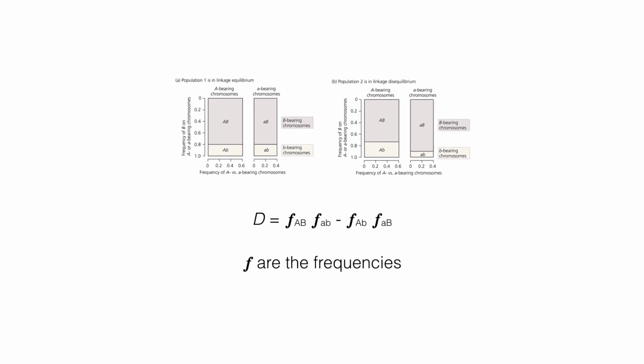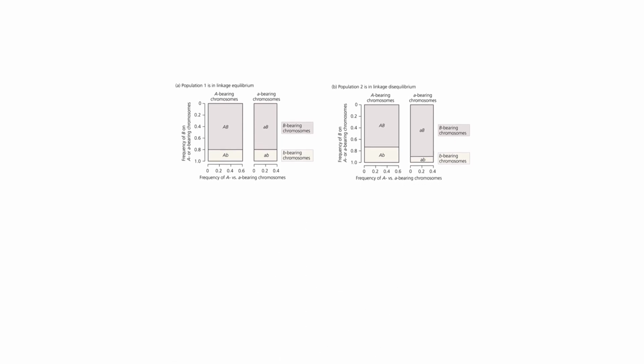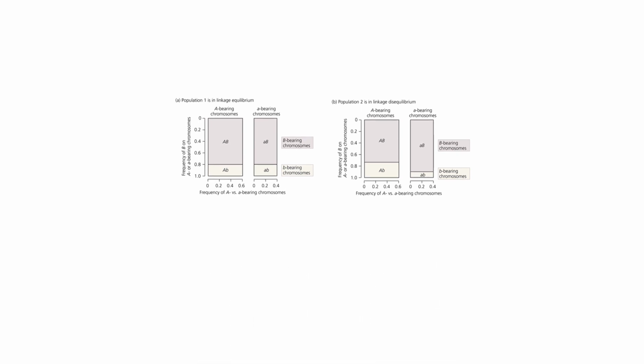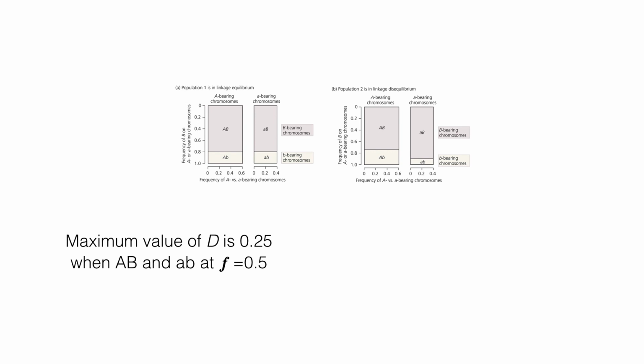Look at the formula, which basically shows you the difference between observed frequency and the expected frequency. The maximum value of D can be assumed to be no more than 0.25, and that can occur when capital A capital B and lowercase a lowercase b are the only chromosomes present, and each has a frequency of 50%.